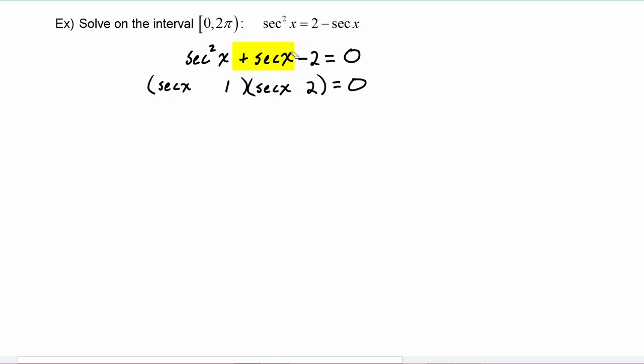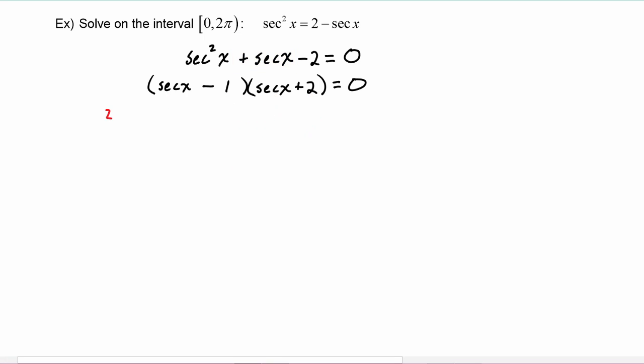Because our middle term is a positive 1, we know that means we need the 2 secant of x to be positive and the 1 secant of x to be negative, so that 2 minus 1 is 1 secant of x.